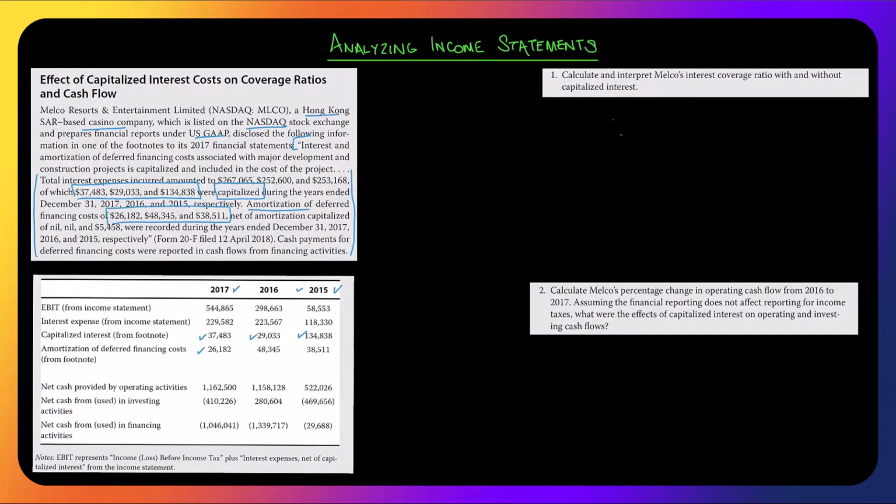Again, here we have it in a nice user-friendly way. Net of amortization of capitalized of 0, 0 and 5,458, so other things that we don't need to worry about, were recorded during the years 17, 16, and 15. So these are the balances that we're interested in.